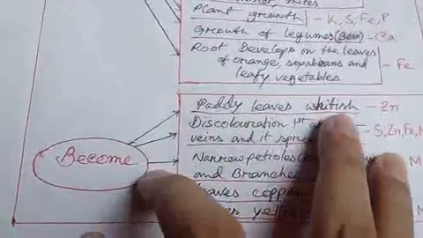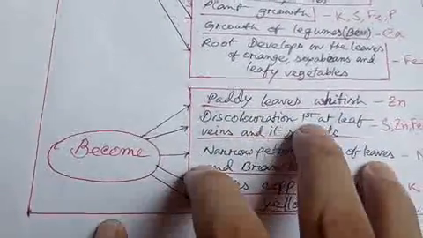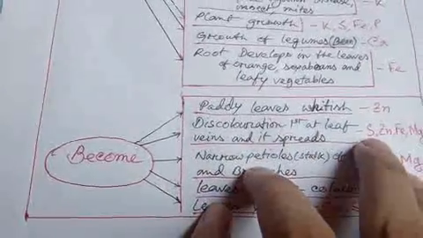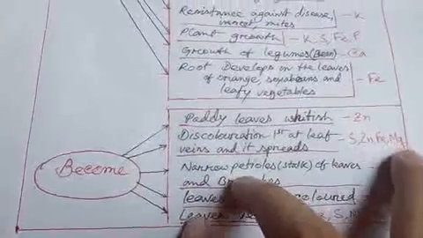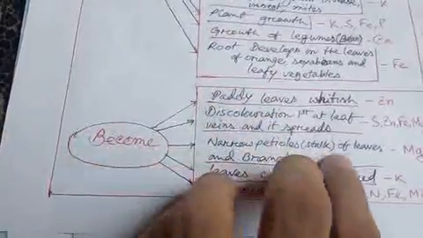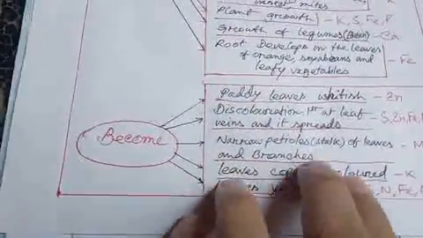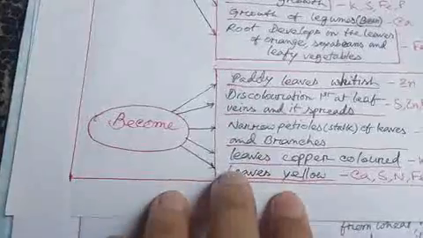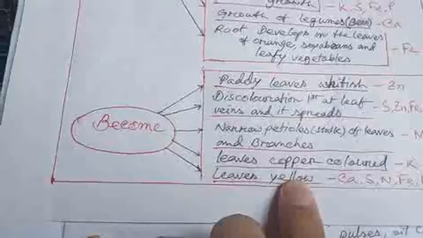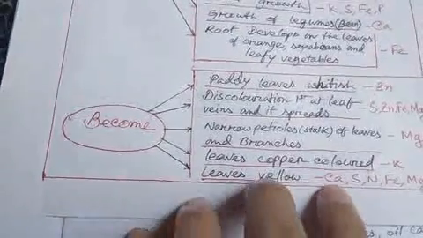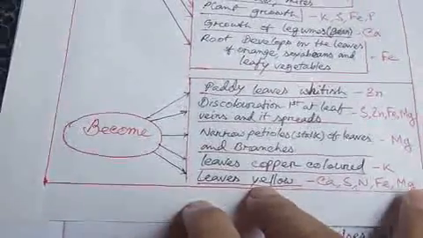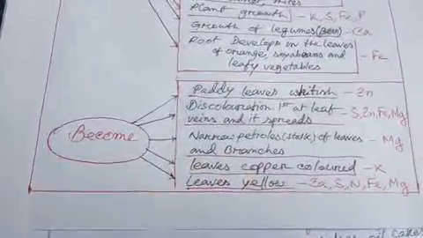Paddy leaves whitish, discoloration first at leaf veins, and it spreads, it is for without sulfur, zinc, iron, magnesium; and narrow petioles, that is stalk, brinto in Bangla, of leaves and branches, that is for magnesium; and leaves copper colored is for potassium; and leaves yellow, leaves turn to yellow, for calcium, sulfur, nitrogen, iron, magnesium. Without these nutrients it can be.